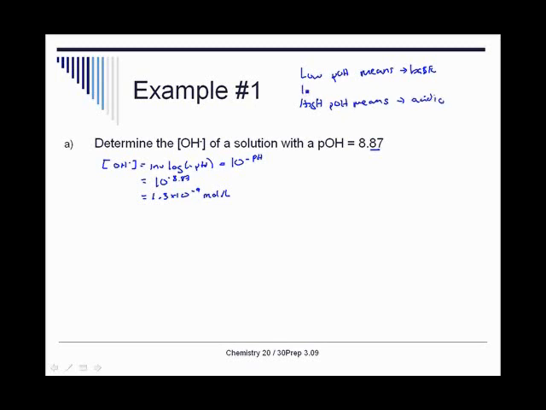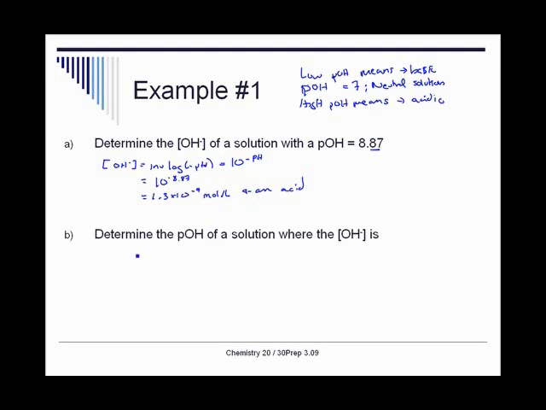And it's the same idea, a 14-point scale, so if the pOH is equal to 7, then we have a neutral solution. So it works the same way as the pH scale. High numbers mean the opposite of what we're measuring. So this pOH is at 8.87. This solution would actually be an acid, because the pOH is above 7.